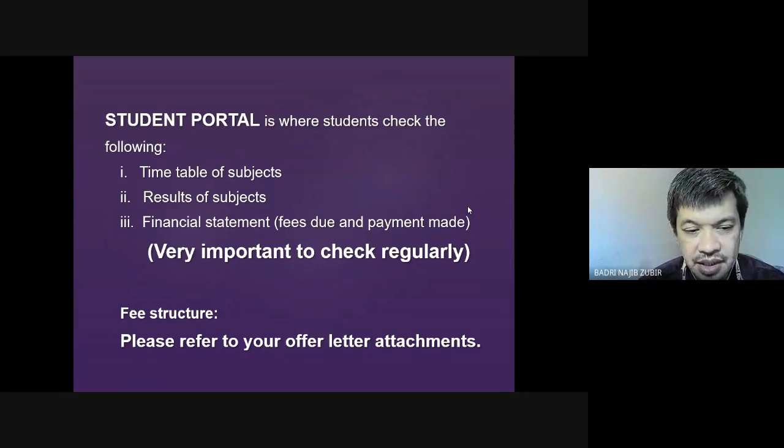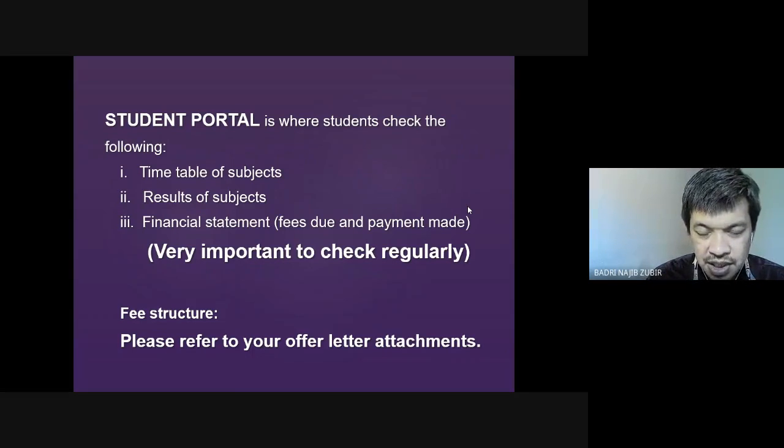So how much to pay in the fee structure? The amount that we put in the system is based on the fee structure that we give in the offer letter. So if the amount in the offer letter is 12,005 ringgit, the amount will be 12,005 ringgit, no 10% more or no 10% less.